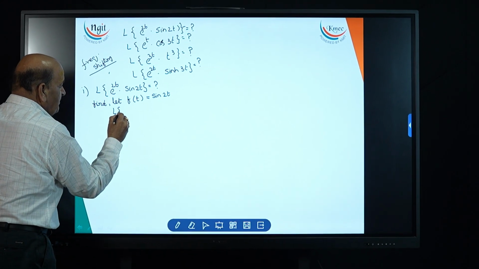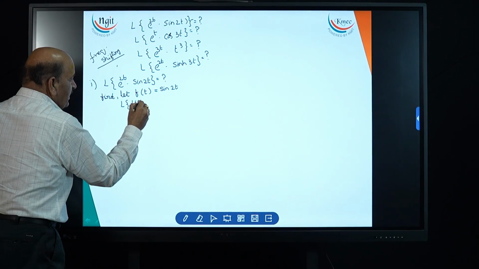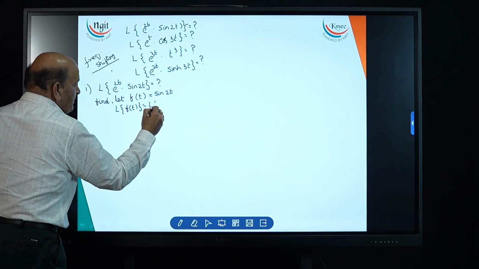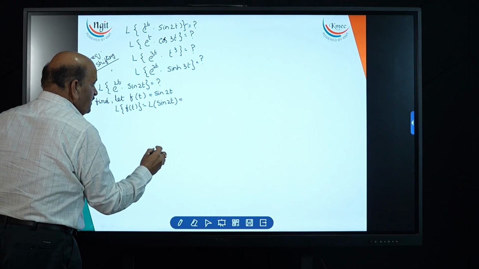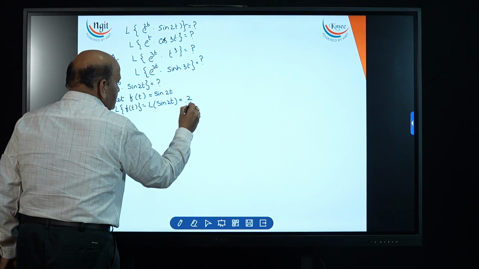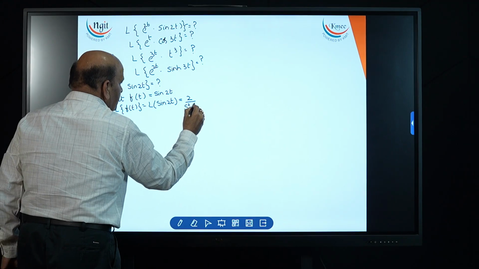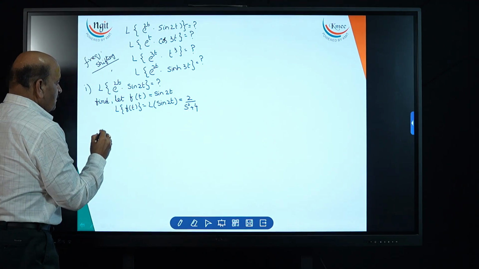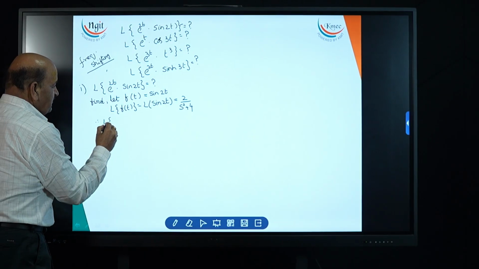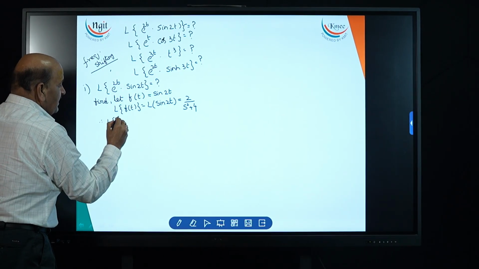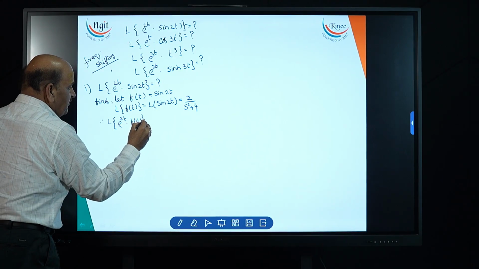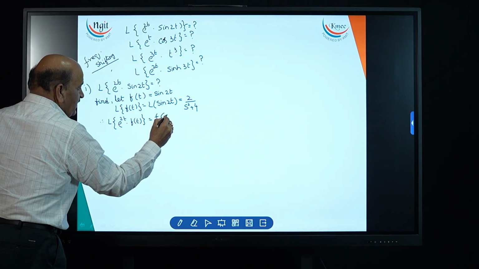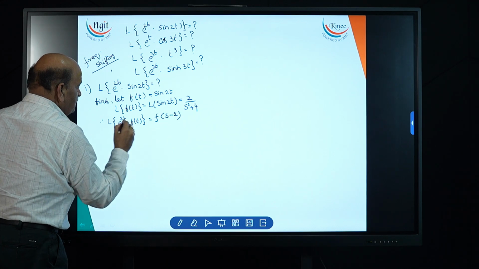Laplace transformation of this f of t is equal to Laplace transformation of sine 2t, which is 2 by s square plus 4. Now therefore Laplace transformation of e power 2t into f of t will become f of s minus 2.